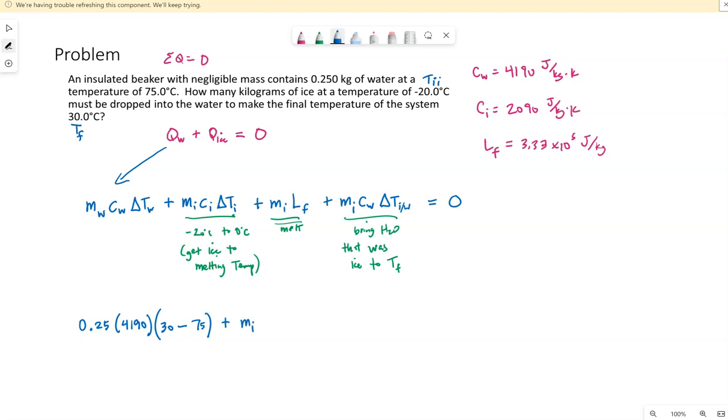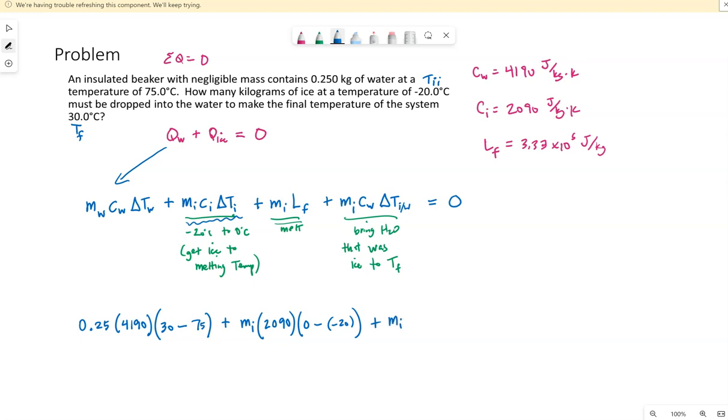We don't know the mass of the ice. That's what we're looking for. In this first step, it is still ice, so we have to use C of the ice. It is ending up at 0 degrees Celsius, starting at negative 20 degrees Celsius. So we're taking the ice from its initial temperature of negative 20 up to its melting temperature so that we can melt it.